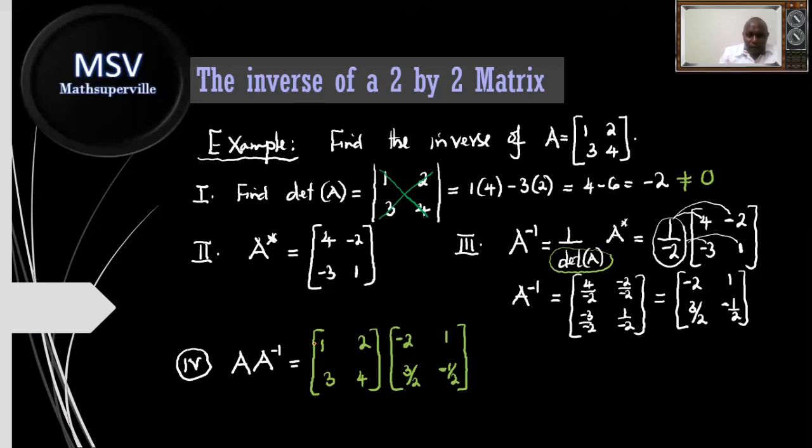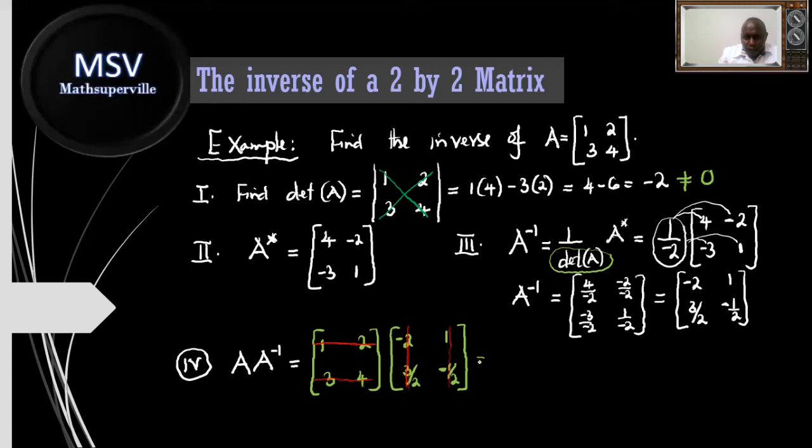So we just multiply row by column to give us the first element of our result. And then again, row by column to get the second element. And then we go to the second row by this first column to get the third element. And then the second row by the second column to get the last element.